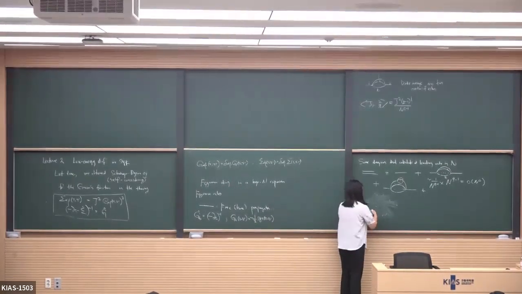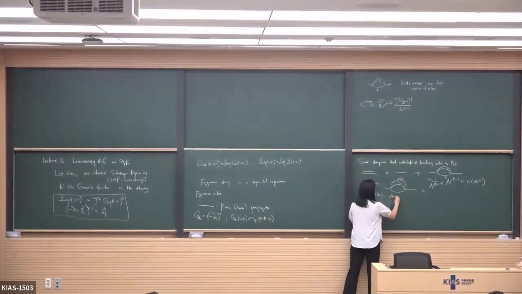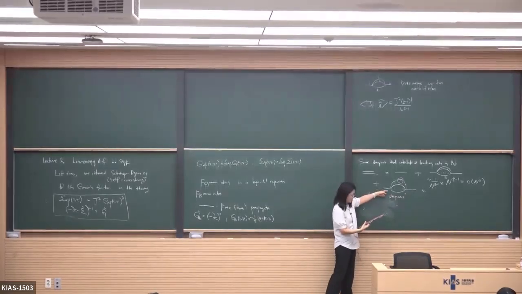So the sum of diagrams, I call them rainbow diagrams, but they're also called melonic diagrams because they kind of look like melons here with stripes.